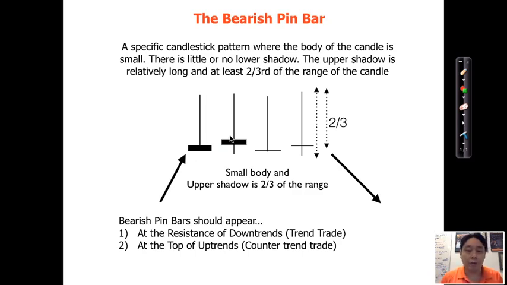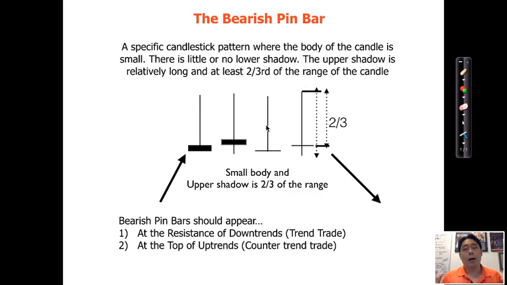Any of these four candlesticks you see qualify as a bearish pin bar. Once again, a small candle body or no candle body whatsoever, just one line, very small or no lower shadow, but long upper shadow. And again, the upper shadow has to make up at least 2/3 of the range of the entire candle for it to qualify as being long enough, right?